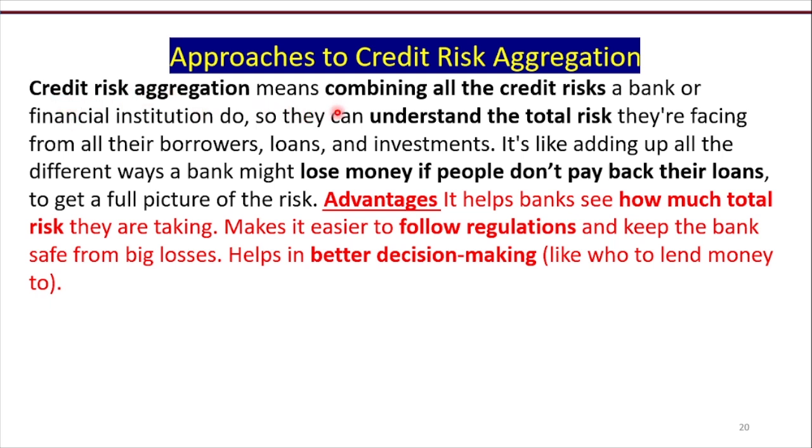Credit risk aggregation means combining all the credit risk a bank or financial institution has. If we divide it into simple chunks, here we are calculating the whole risk of a bank: how many customers the bank has entertained for its loan policy, or how many borrowers it has.